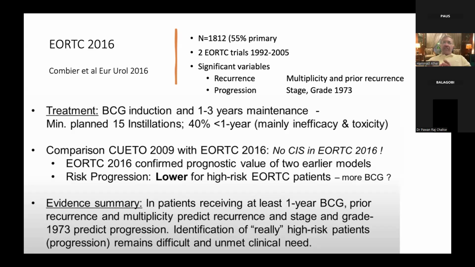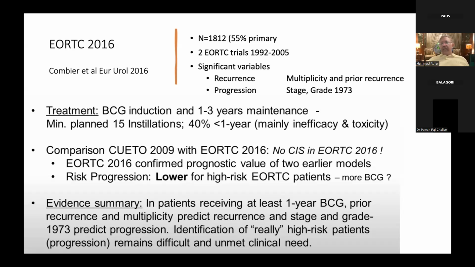So in this group of patients, the minimum planned 15 instillations were done in about 40% of the patients. A comparison between this and the Kyoto 2009 and EORTC models indicated that the prognostic value of the 2 earlier models was reconfirmed, and the progression rates were lower for EORTC high-risk patients, again probably because more BCG was being used in the maintenance cycle as well.